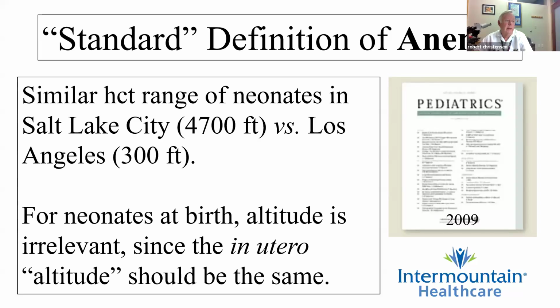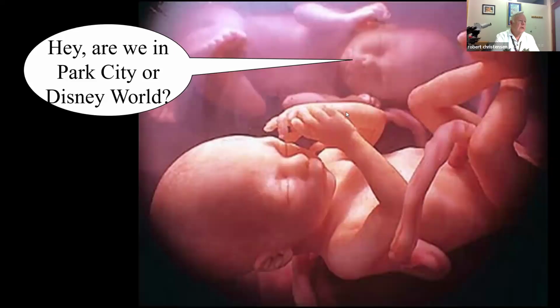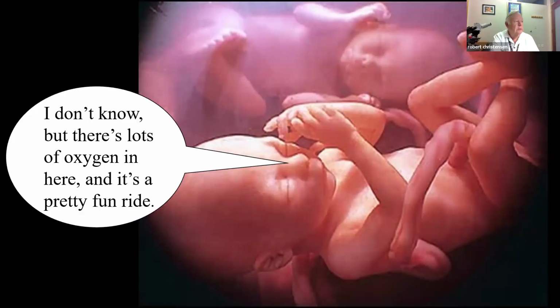And so I think for neonates at birth, altitude is not relevant like it is for hematocrit in older children or adults. And it may be that in utero, the altitude or the oxygen tension is relatively the same. So these twins in utero, they don't know if they're a mile high in Park City, Utah, or if they're at Disney World. They just know that there's plenty of oxygen for both of them, and they're having a lot of fun in there.